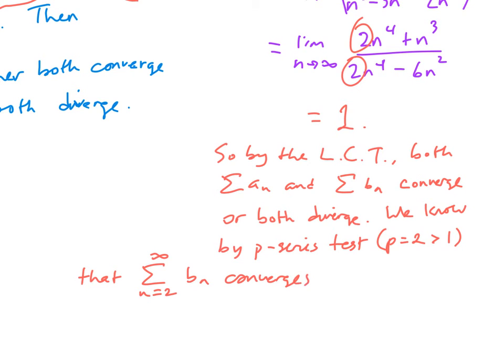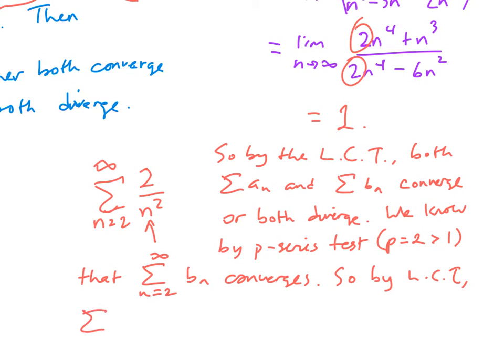Remember, that was the sum from n equals 2 to infinity of 2 over n squared. That converges. So by the limit comparison test, the sum of a sub n from n equals 2 to infinity also converges. So it doesn't converge by basic comparison, but I can show it converges by limit comparison.